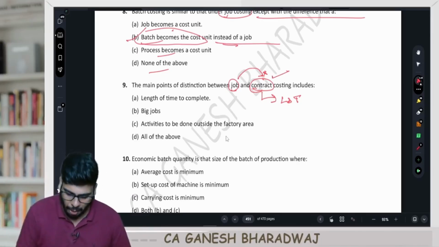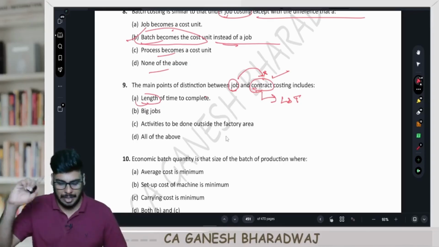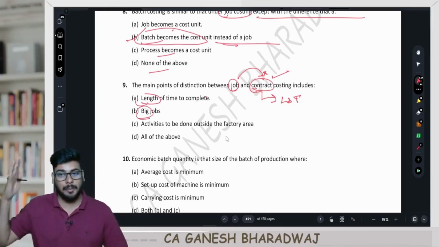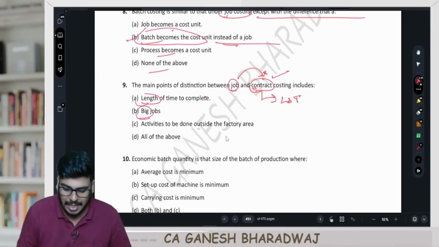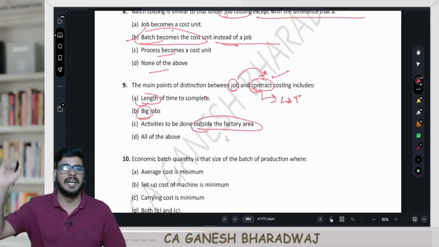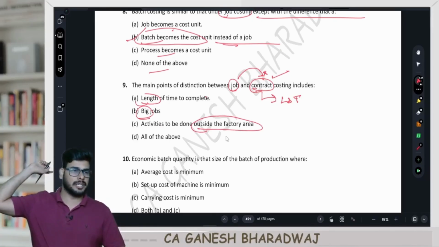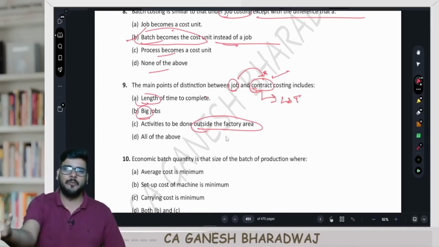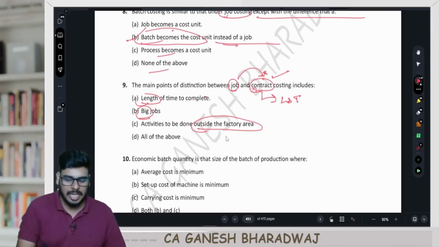So the main point of distinction between job and contract is because the length of time is more, the job itself is big, and the activities are generally done outside the factory area. Can they do the metro rail project in their factory and bring it? Obviously not. At the site only they need to do all the digging and all these things. So all of the above.